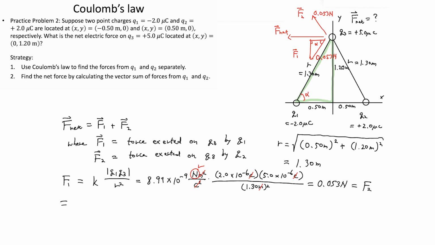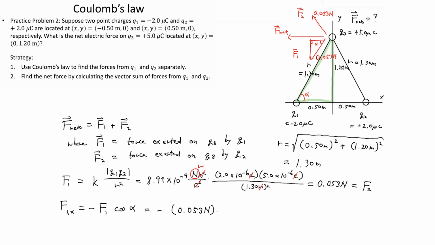The x component of F1 is equal to the magnitude of F1 times cosine of alpha. This comes from SOHCAHTOA. We need to put a minus sign because it points in the negative x direction. This is equal to negative 0.053 newtons times cosine of alpha. Let's look at the green triangle again.